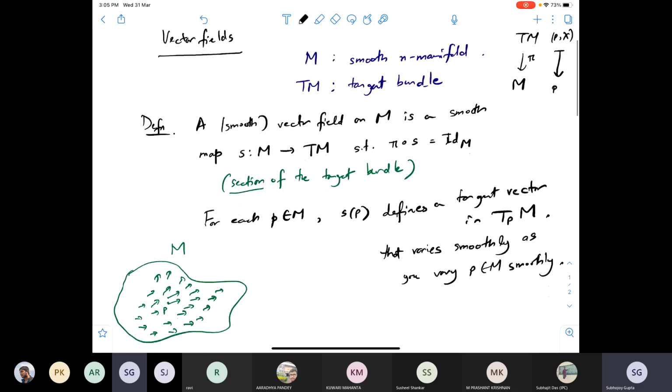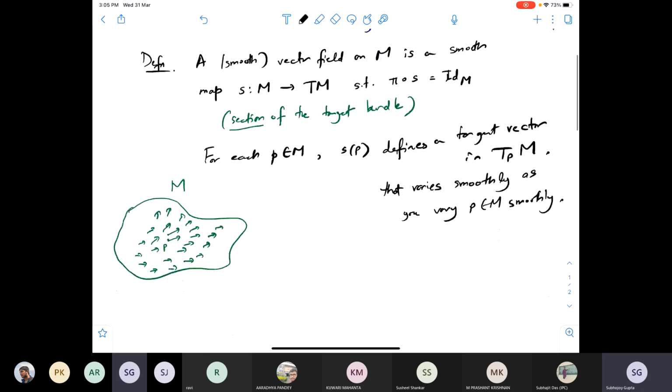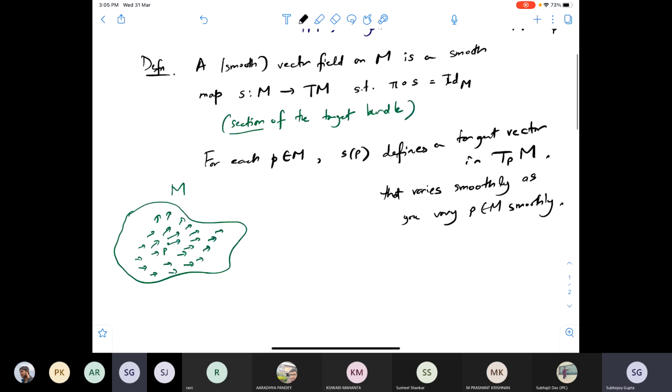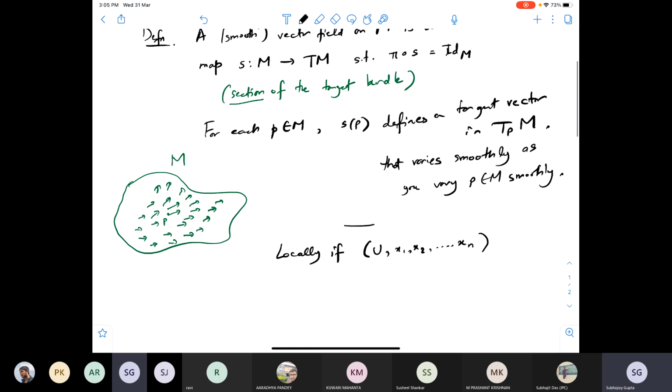All right, so this is some kind of a global definition, but locally you can use charts to describe vector fields. So suppose you look at a coordinate chart U. Instead of talking about the map phi, let me just give coordinates. So x1 to xn are the coordinates on this local piece.